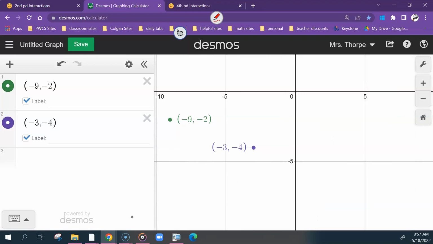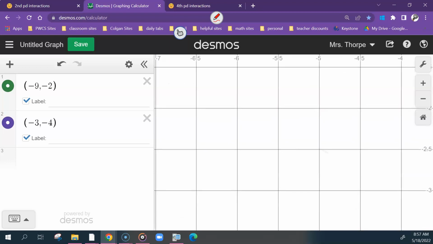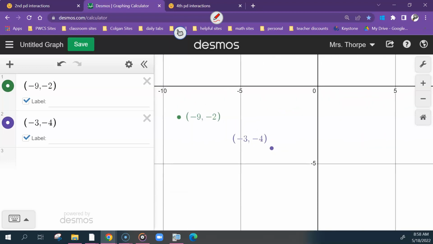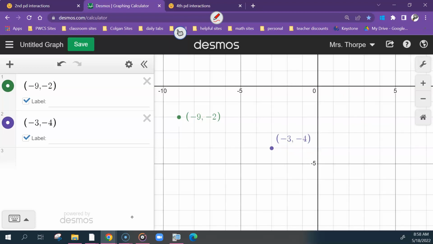For me, that doesn't help because now I don't know where those are unless I zoom in. And sometimes that hurts you more than helps. So you could count the slope from here down to the right. 6. So it could be 1/3. Negative 1/3.